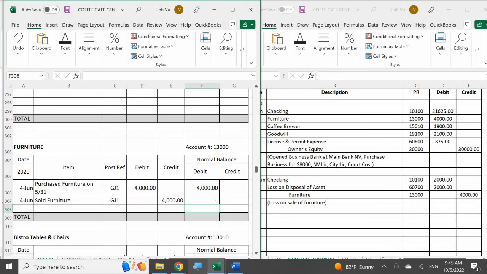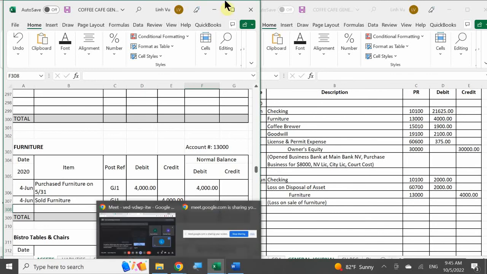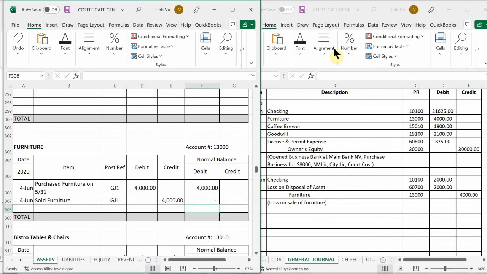The money's not going to appear in your checking account. The person that you sold the furniture to isn't going to deposit that money into your bank account. They gave you cash. So how do I deposit that money into my checking account? That means I'm going to be using my deposits.